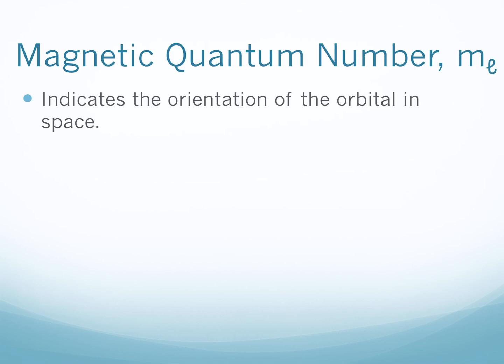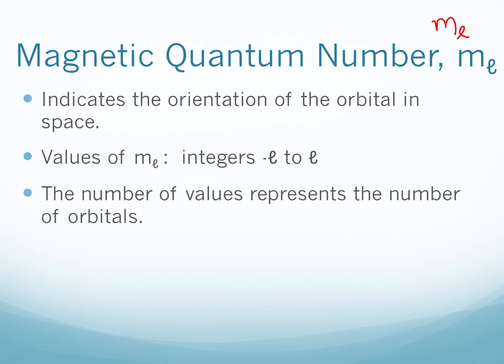Is it going along the xz axis? So it's telling you how it's being arranged. The values of m sub l are the integers negative l to positive l. You figure out l from n, and then we can figure out our m sub l from l. The number of values represents the number of orbitals.